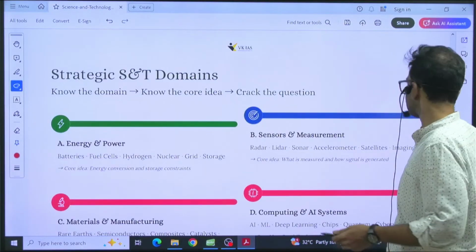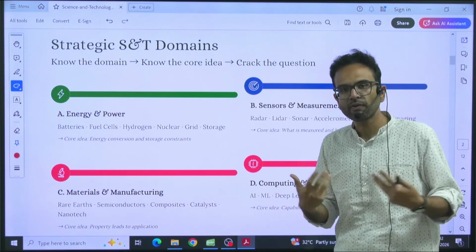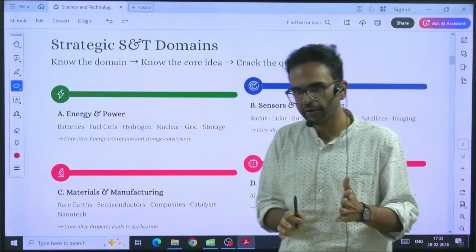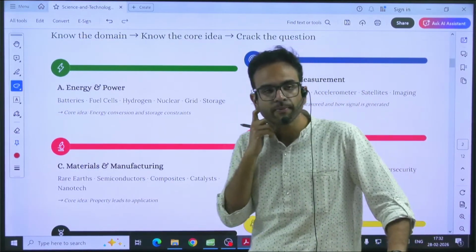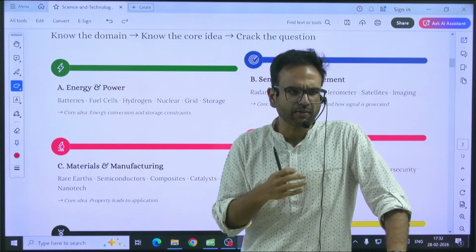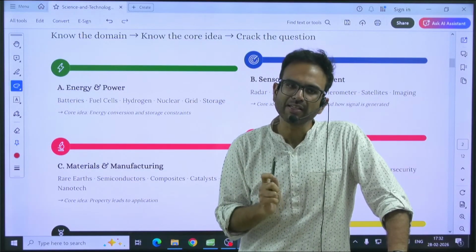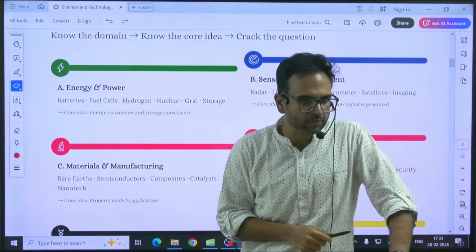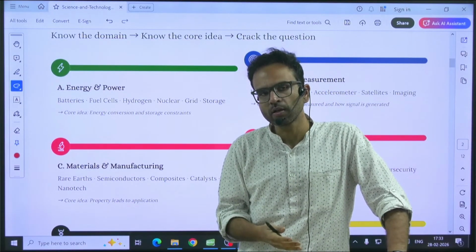Let's begin. Okay, before we begin, what are the domains that I will be covering in this series? You need to have clarity, right? So these are the areas. Energy and power. Why? Energy Atmanirbharta as a concept. Energy, like generating electricity and supplying fuel, is necessary for economic growth, especially in the context of AI, which requires humongous power.